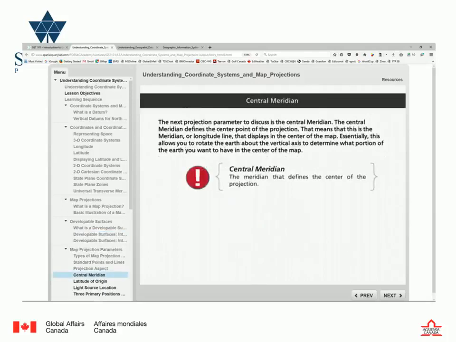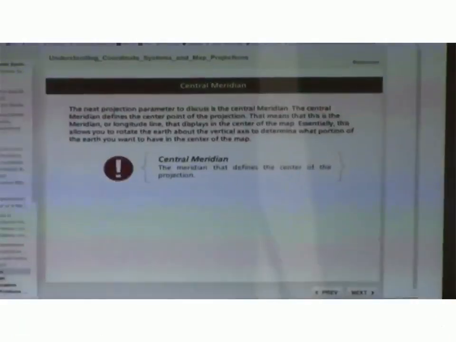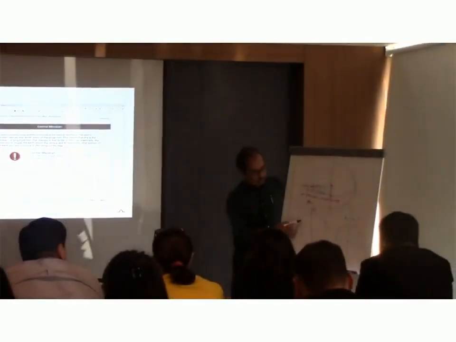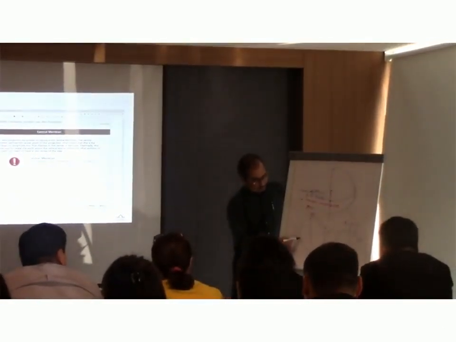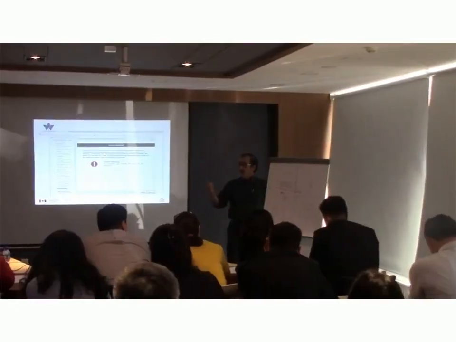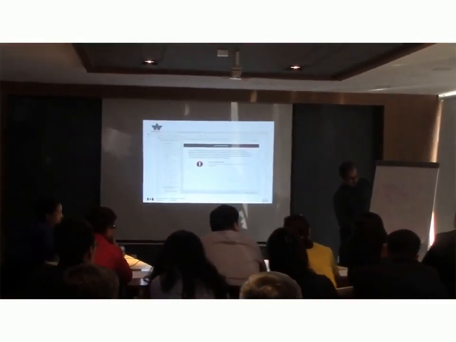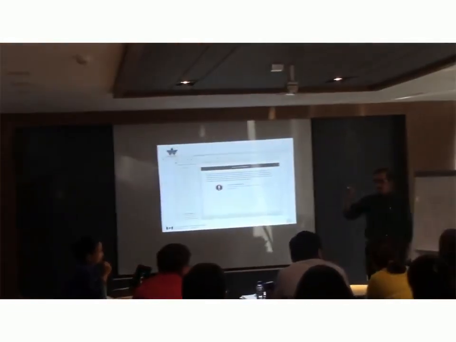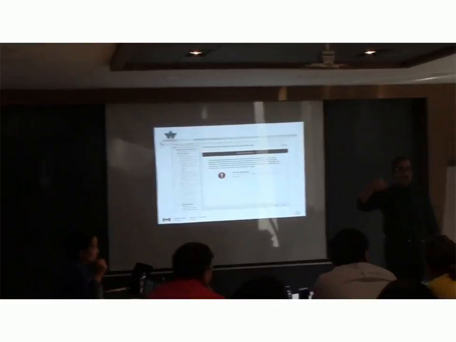Central meridian. 0 degrees longitude is the prime meridian. In terms of the UTM, we have 6 degrees. In Mongolia, say zone 47, which is the zone east of UB.